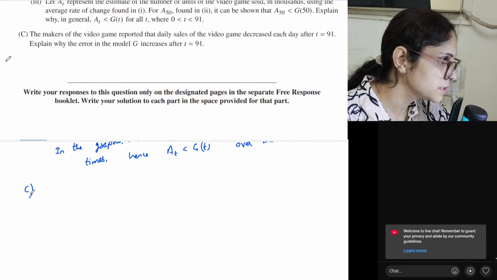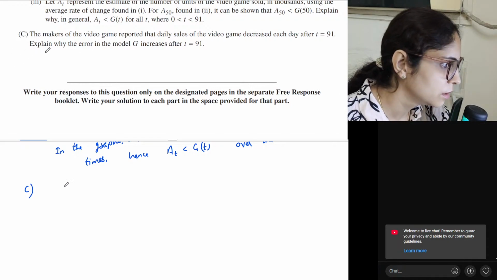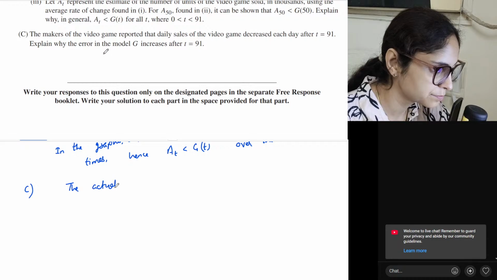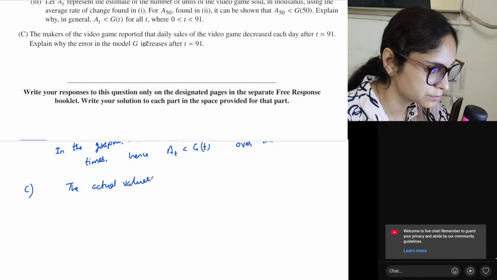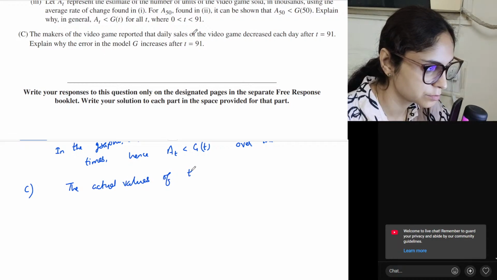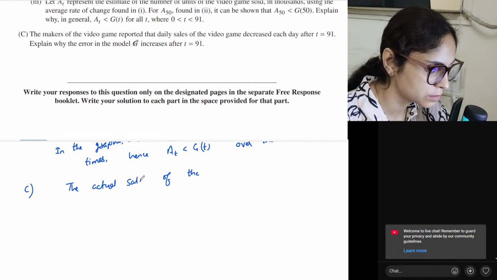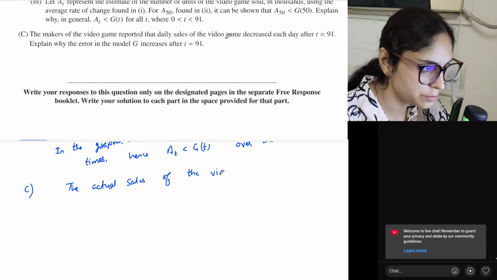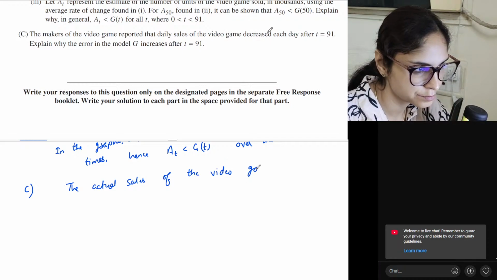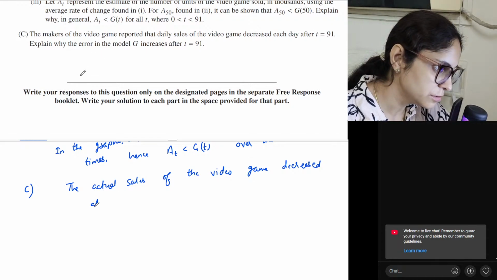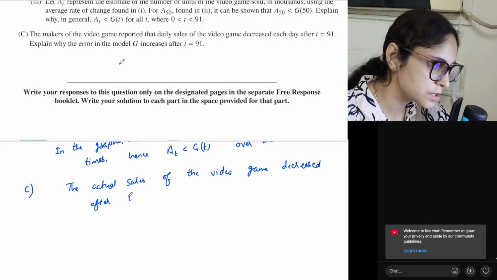So in part C, the actual values of the video games, or I would say the actual sales of the video game, decreased after T is equal to 91.